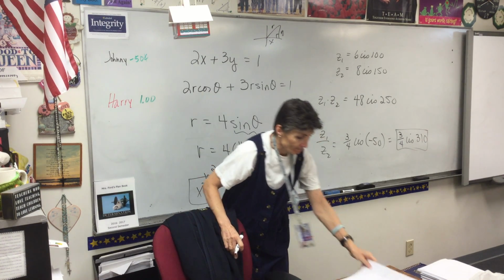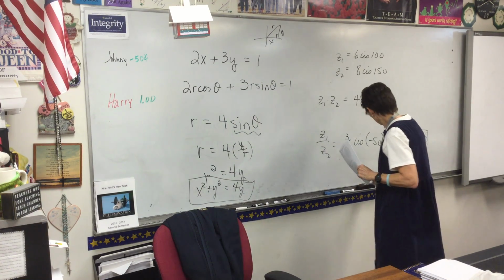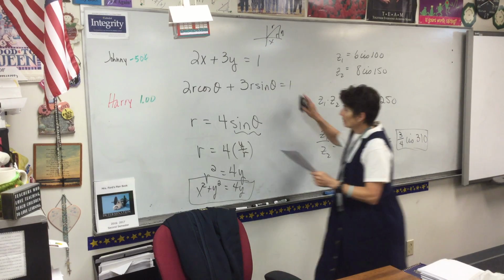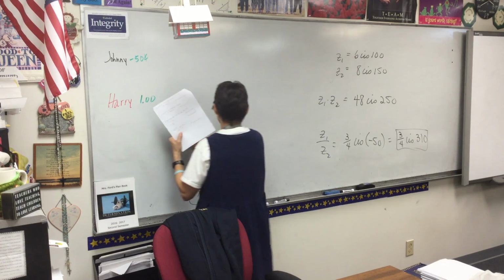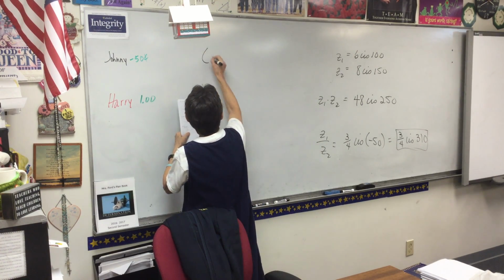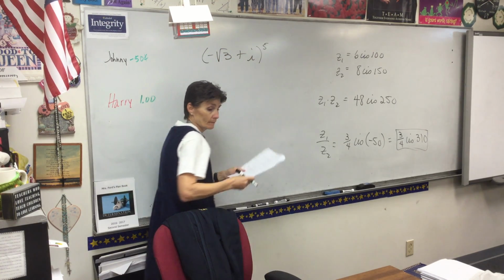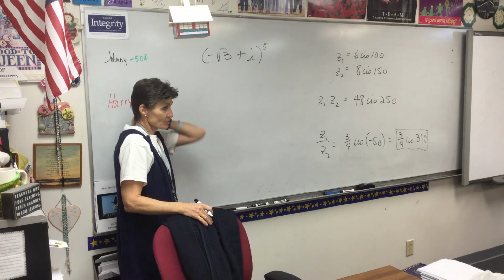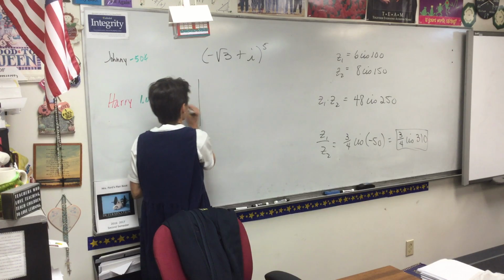Okay. Next. Oh, this is what we were doing at the beginning of the period. Answer in polar form. So that's good. We only need one answer. Who remembers how to start? Draw a picture. Absolutely.